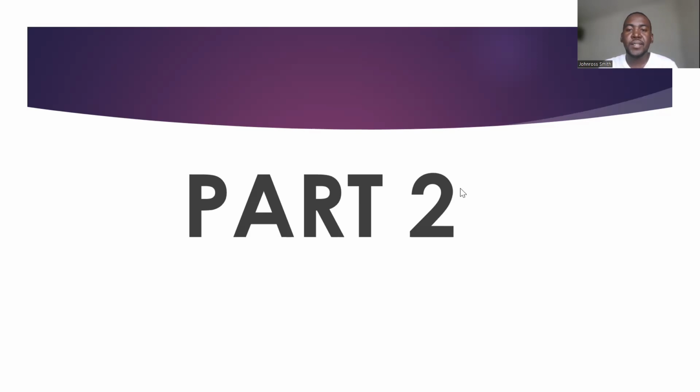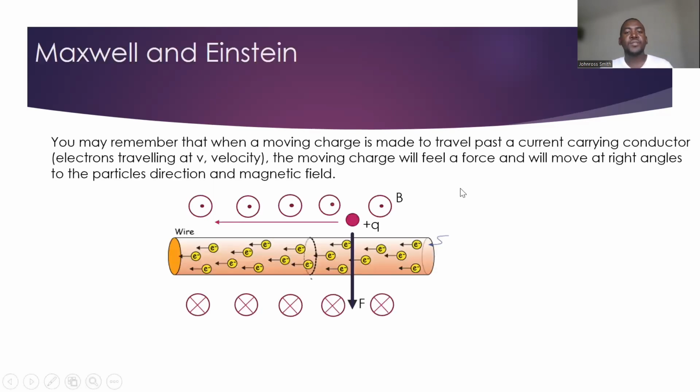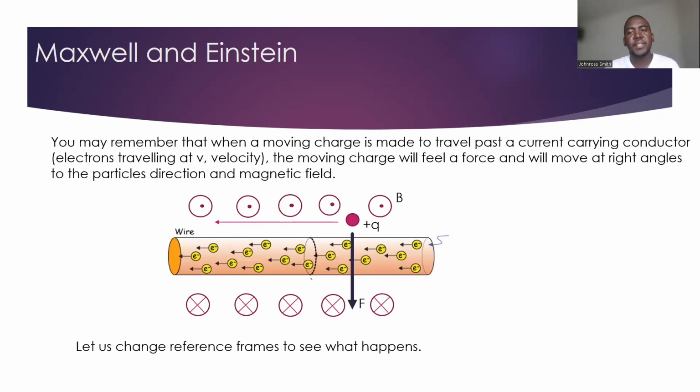Let's go into it. Now, let's look at Maxwell's equations, Maxwell's view on the topic of relativity. Now, Maxwell was the scientist who actually put forward the link between magnetic field and electric field to create such a force.